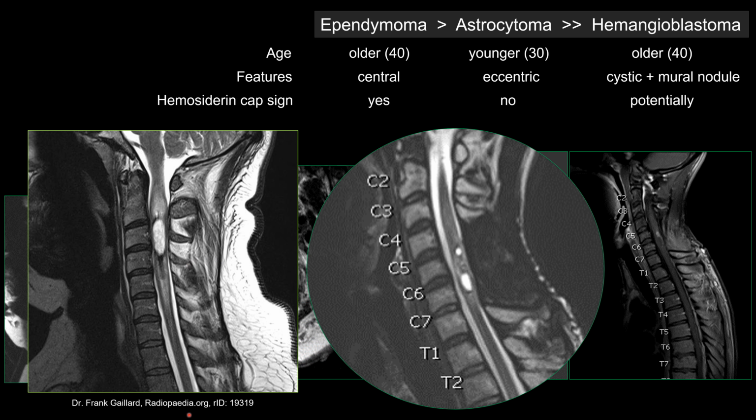I think most of you know about this site. It's a great resource for many different radiographic entities. In this case, this is a much better example of a hemosiderin cap sign. Notice that on the T2 weighted sequence, you can see this hemosiderin cap, a T2 hypointensity, that's surrounded by the tumor cyst or syrinx.